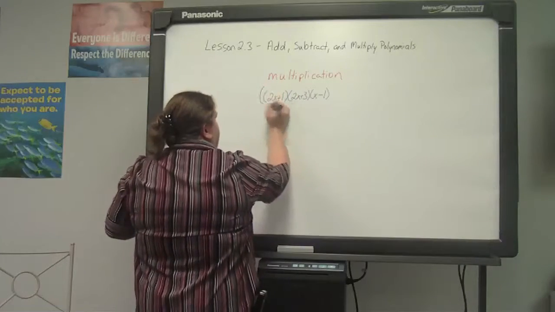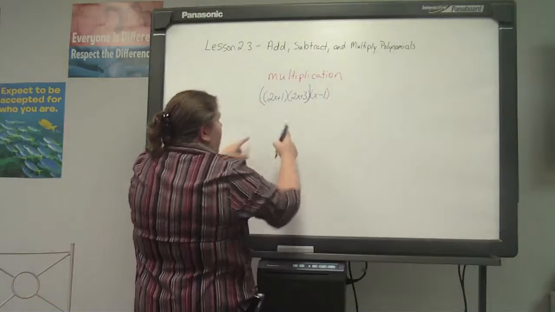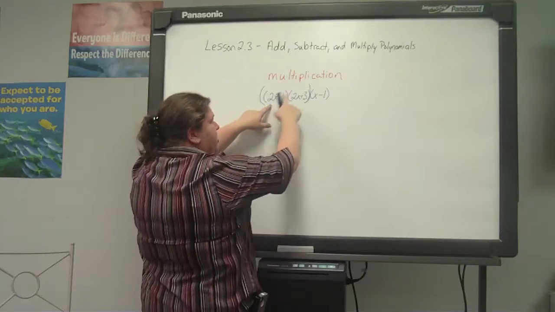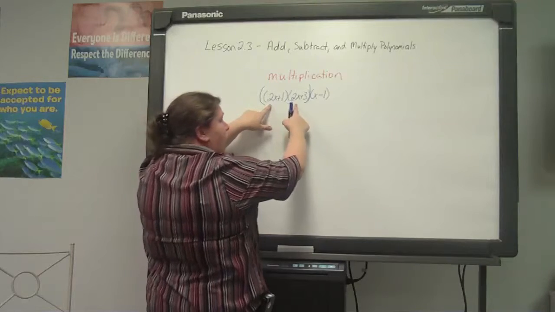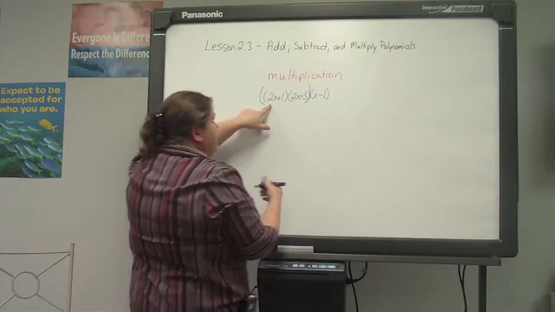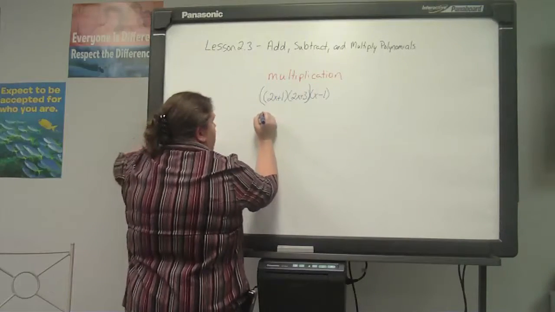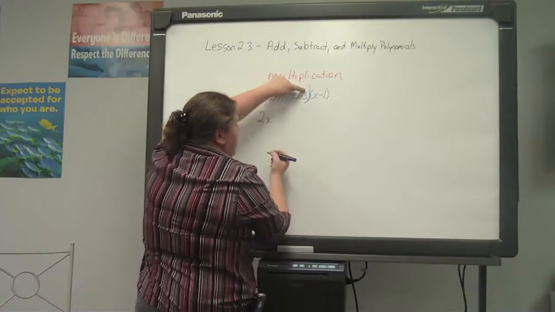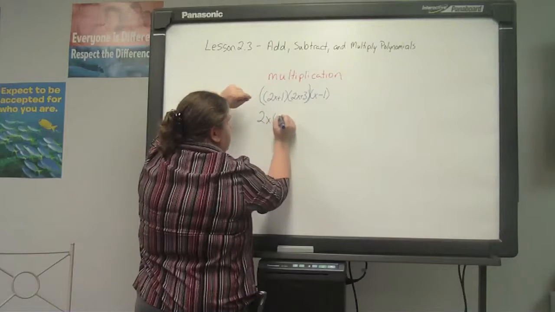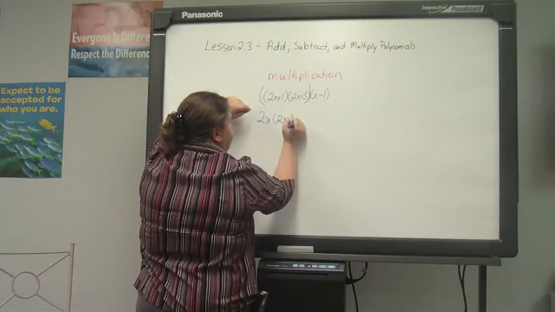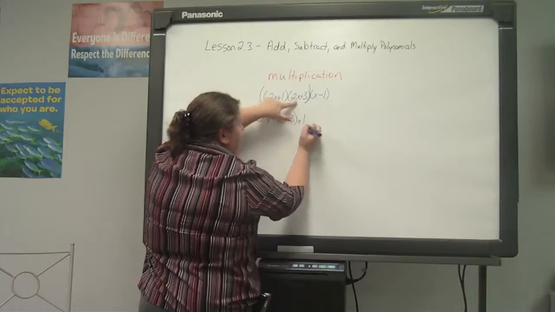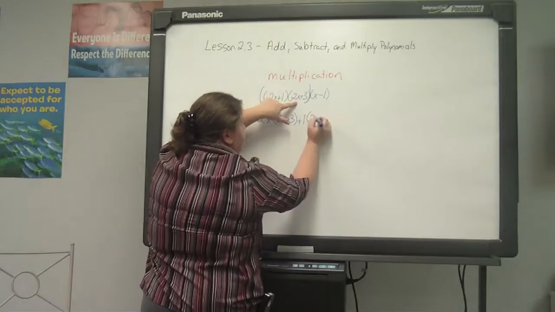So I'm going to put a bigger parentheses, and I want to distribute this set of parentheses to this one. All right, so I'm going to rewrite as a distribution. So I have 2x times everything in this parentheses plus 1 times everything in the parentheses.